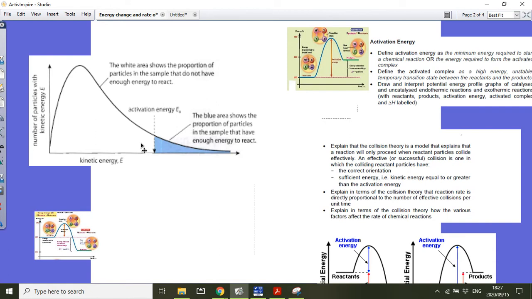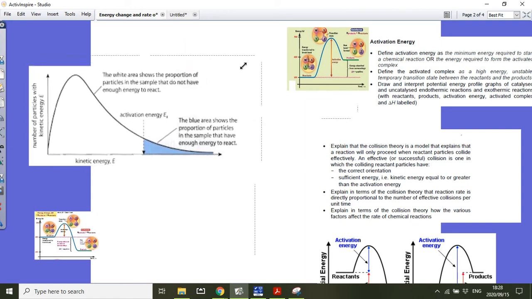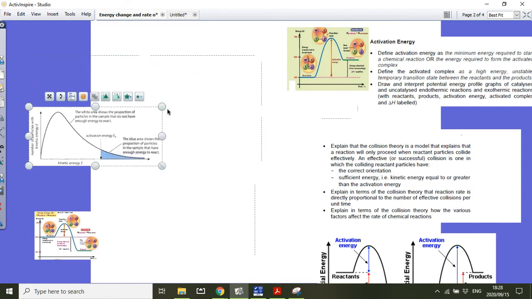So now all these particles do not have enough energy to overcome the activation energy, or not higher energy than the activation energy. The kinetic energy here is equal to the activation energy, and anything higher than that would mean I do have an effective collision now. So only this proportion of the particles can react. And this becomes important later when we look at the factors that affects the rate of a reaction.